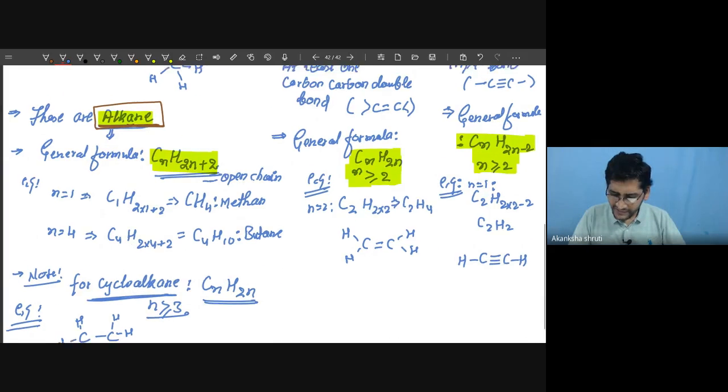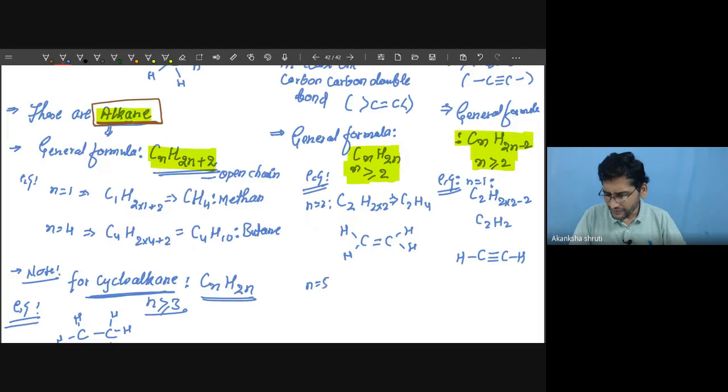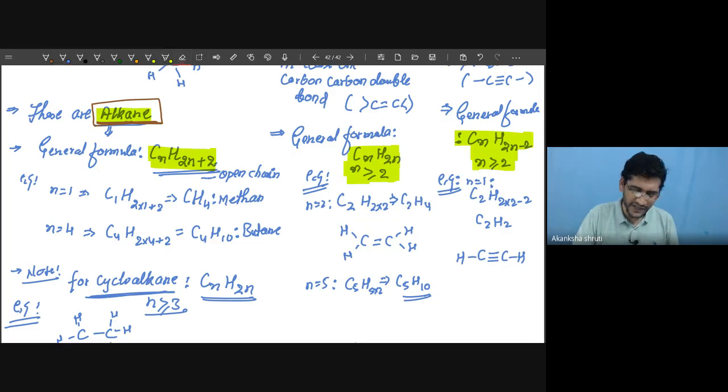There could be any one. Let us take n equals 5. The formula for alkene is CnH2n, 5 into 2, so it is C5H10. This we want to draw. How can we draw? I had already explained how to draw the structural formula.